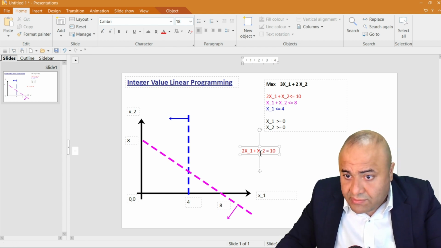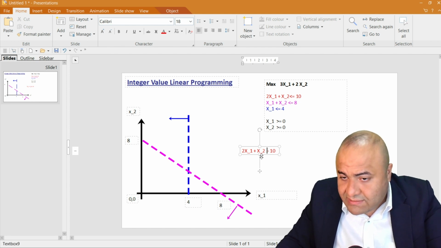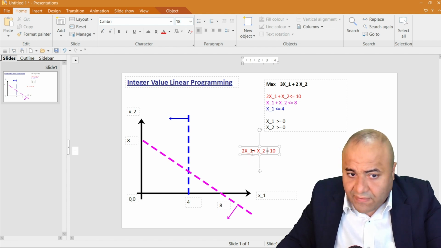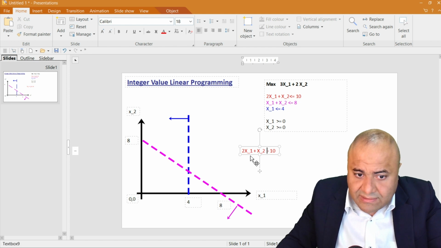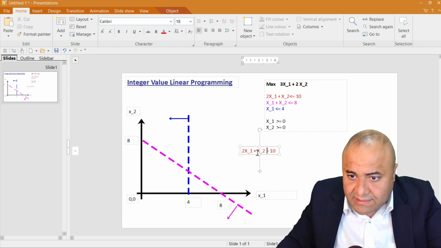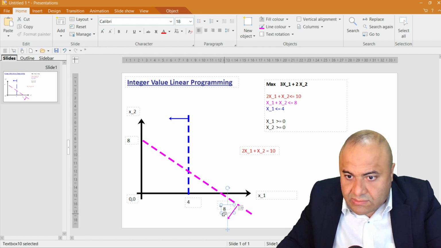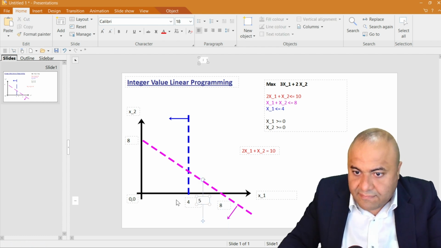And then we put x2 is 0. So when x2 is 0, where is x1 going to be? x1 will be 5. So x2 is going to be 0 here, x1 will be somewhere here. So it is going to be about here, which is 5.